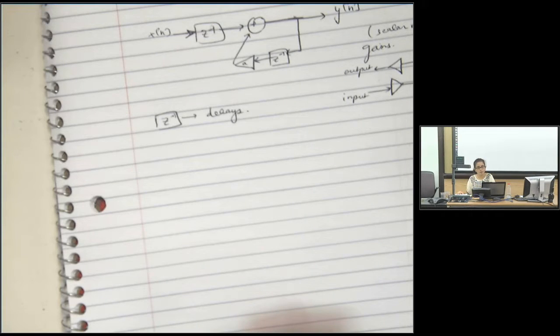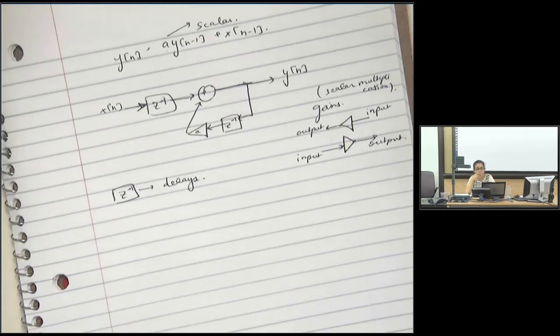So the delayer in the discrete time domain is z to the power minus 1. Then what is the z transform of that if it's already in terms of z? Like if you want the z transform of that system, x of n would become x of z, y of n will become y of z.